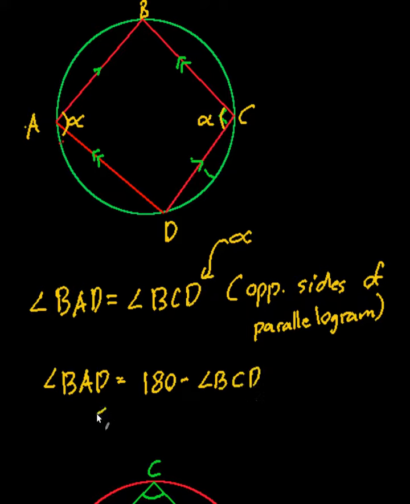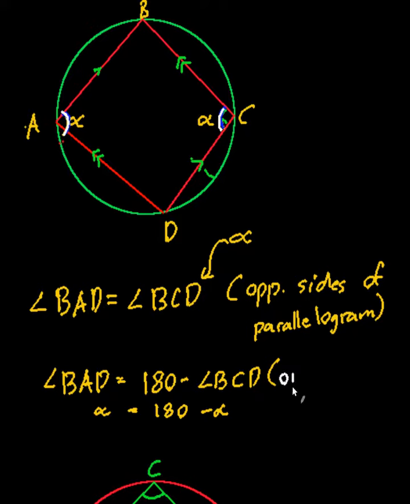Right? So basically it's saying alpha has to be equal to 180 minus alpha. The reason being, this is a cyclic quadrilateral. So in a cyclic quadrilateral, the opposite angles have to add up to 180, right? So that's a theorem.